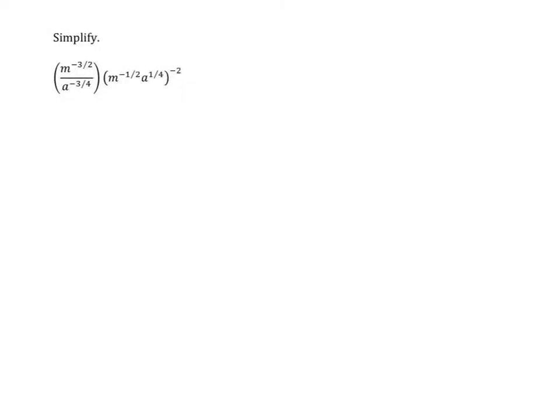Okay, there are a lot of negative exponents in this problem, and so I'm going to start by simplifying some of them, namely this first division problem here. I'm going to rewrite that with positive exponents, a to the positive 3/4 power divided by m to the positive 3/2 power.